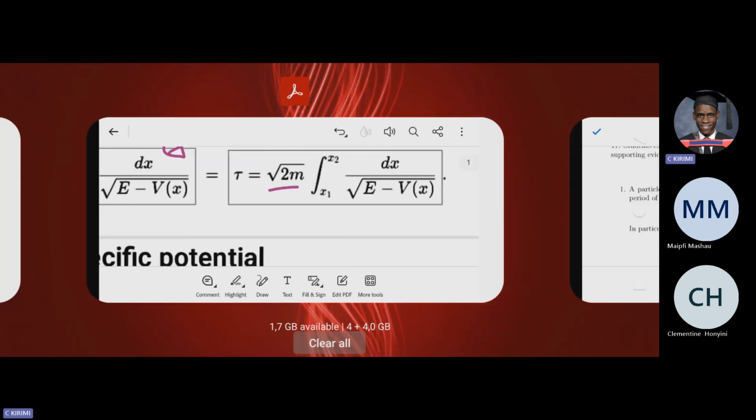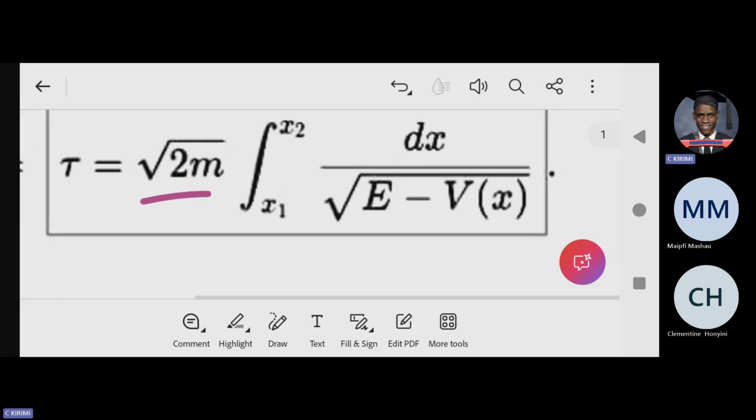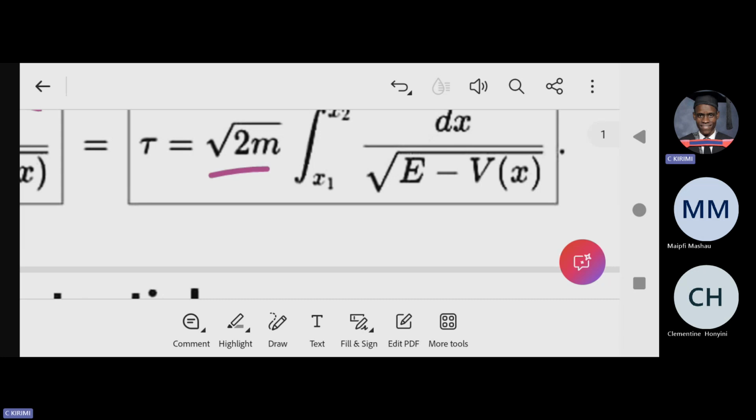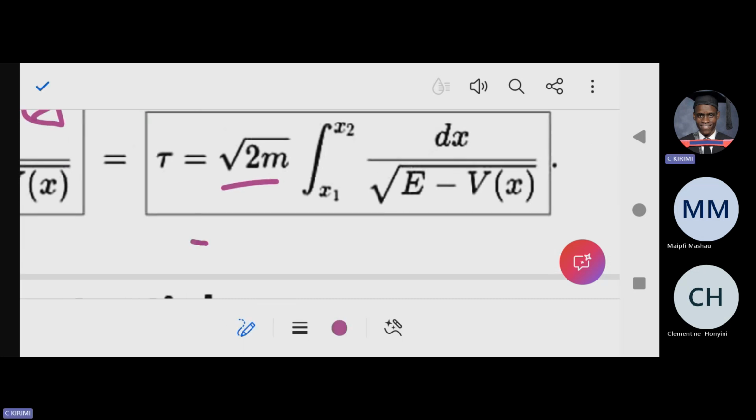So here, once you reach this point, it's now easy to manipulate to that same format which they are having, which is equals to the integral of x1 to x2, just like that.